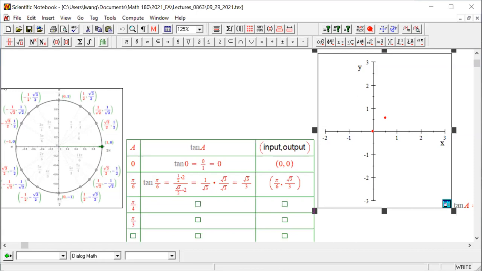If you are to mark these 2 points, how would you mark them? This point is 0, 0, right? How about this point? Input pi over 6, output root 3 over 3.